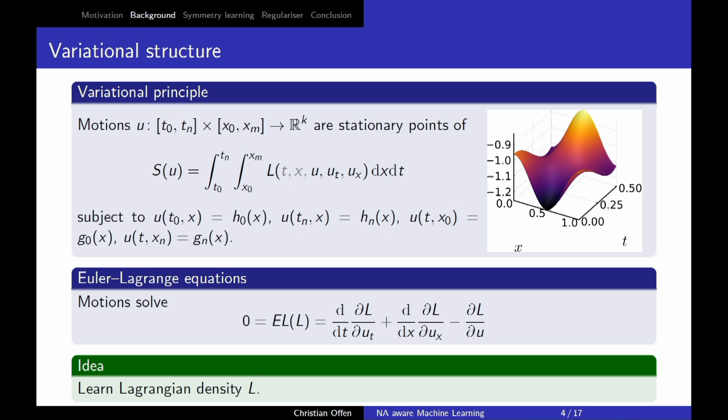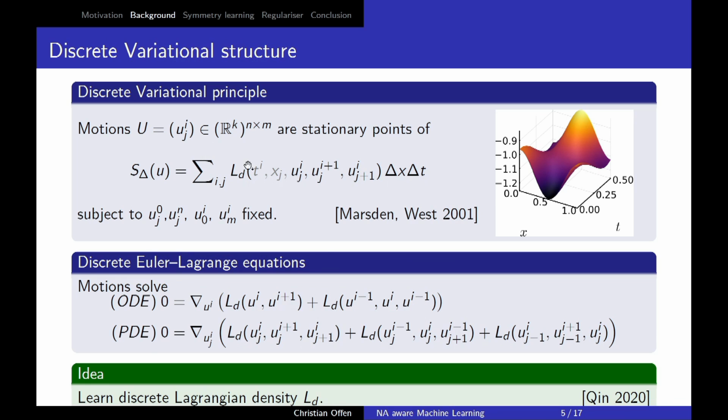But one thing that is a little bit more clever than this is, rather than trying to learn the continuous Lagrangian density when you are actually observing your solutions on a mesh, to discretize everything. So to repeat all of this in a discrete setting, you use discrete mechanics and try to learn the discrete Lagrangian density, because once you've done this, you already have the discretization that you need later on in your computations.